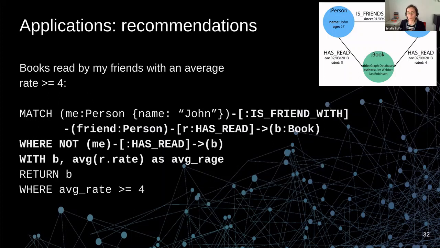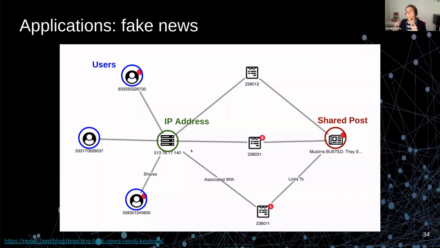We can add more complexity to the query, of course, if we want, for instance, to select only the books that have good enough rates, meaning that my friends have read them and also liked them. Here we do an average on the rates given by our friends. So that's one example of a recommendation.